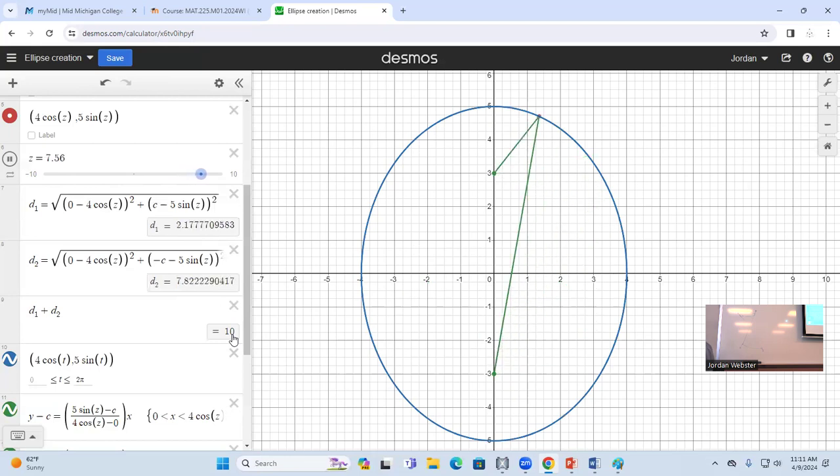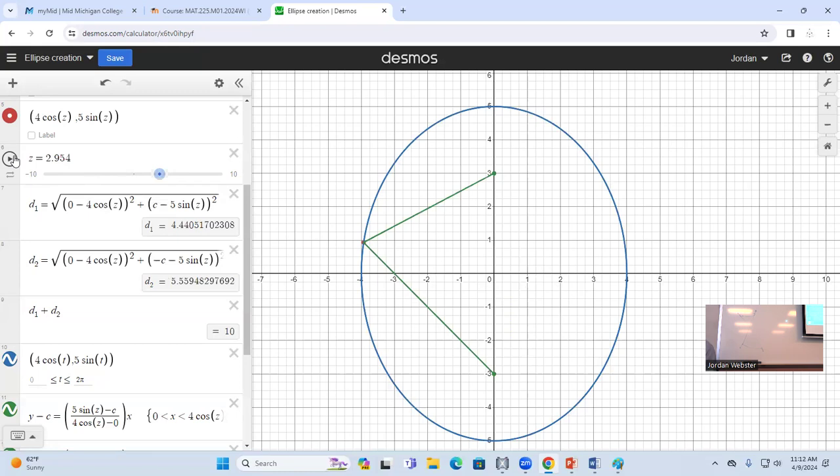So that's the geometry feature about an ellipse. That's nice. No matter what point we're dealing with on the ellipse, if I take the sum of the distance between the point and the first focus plus the distance between the point and the second focus, we're always going to get a constant number.